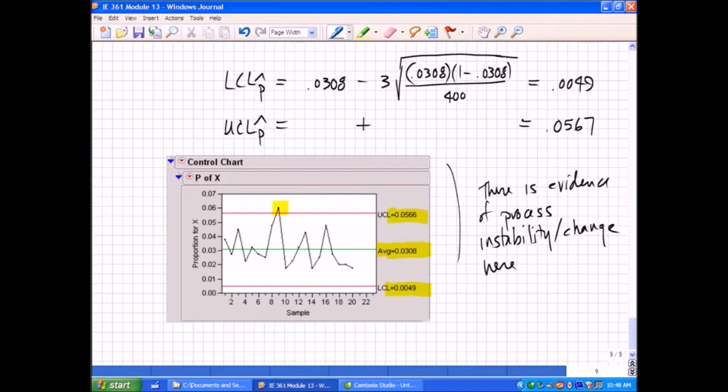There are a couple more things to say about this p-charting scenario. One is that perhaps contrary to one's initial intuition, it's perfectly possible to have a lower control limit, for example this retrospective lower control limit, that's positive.